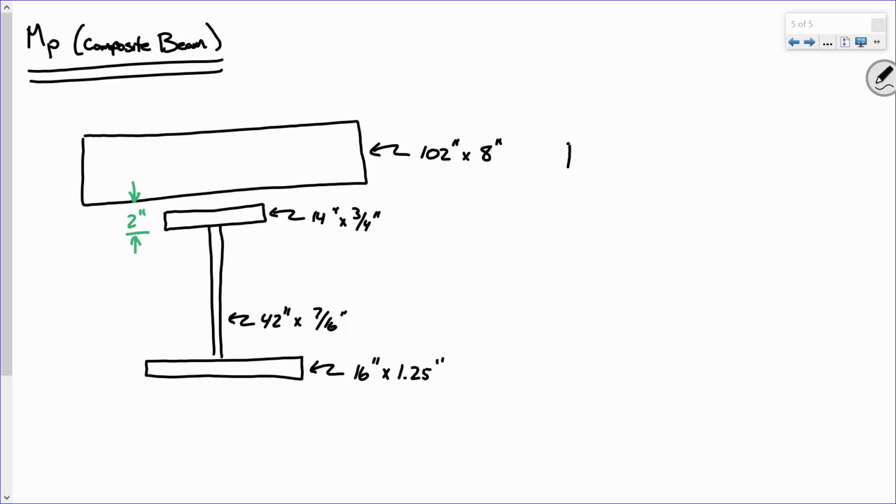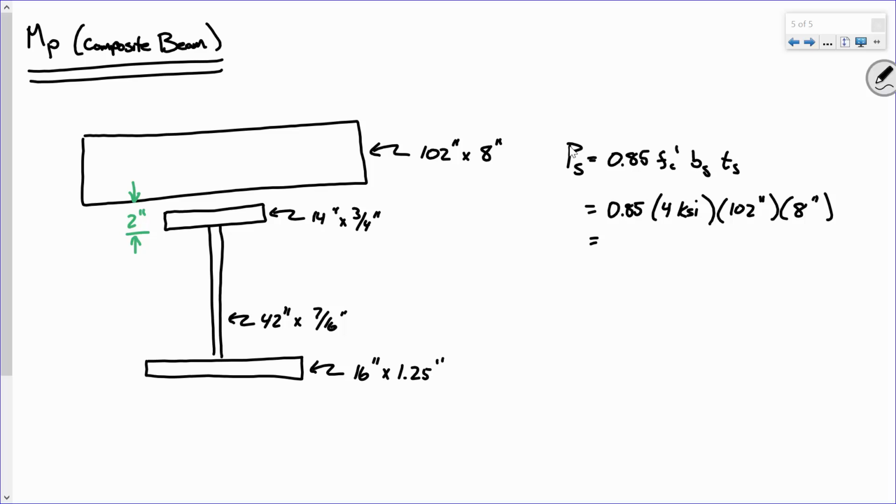So let's do P sub S. So that's 0.85 times FC prime times BS times TS. Now, a reasonable FC prime, unless you're otherwise told for a bridge slab, would be 4 KSI. And that's sort of the minimum standard anyways, times 102 inches times 8 inches. And what does that yield?